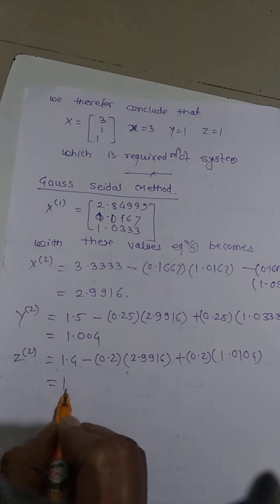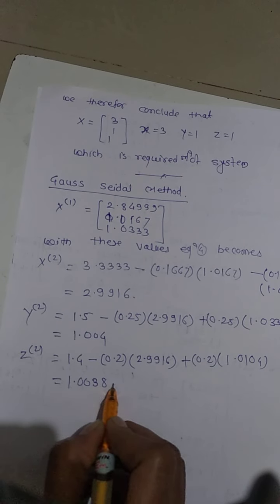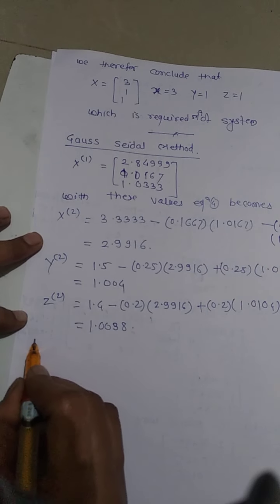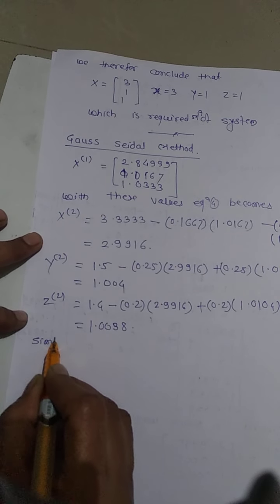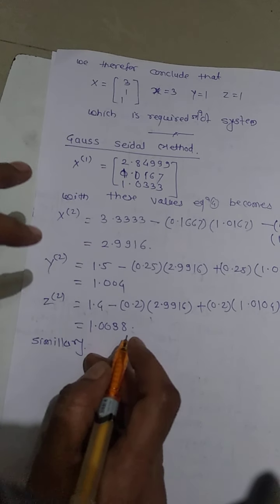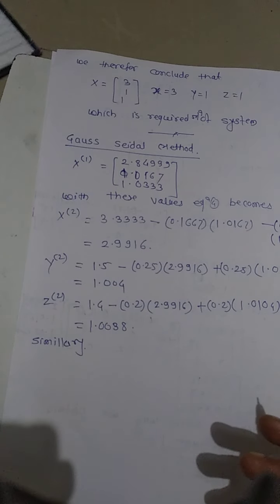Then we get the value 1.0038. Similarly, in this way, we find the values of x of 2, x of 3, x of 4, x of 5, and at this stage we conclude the solution.